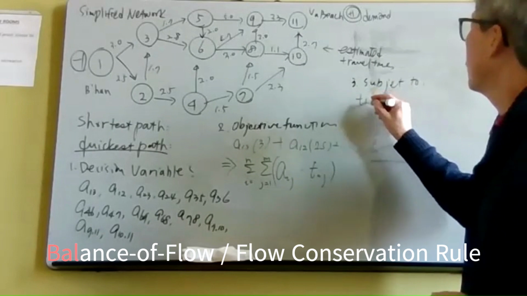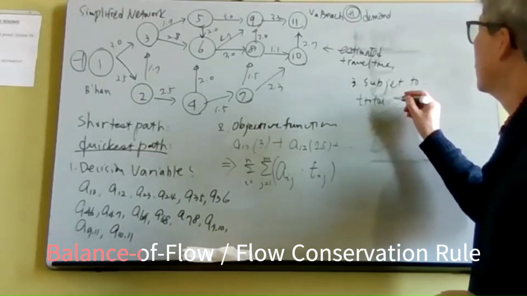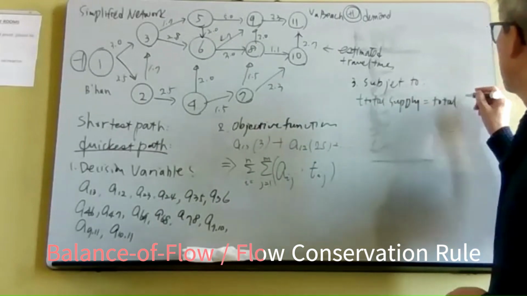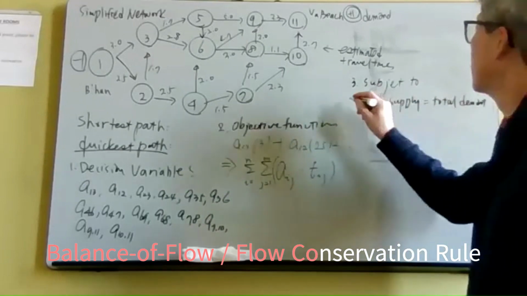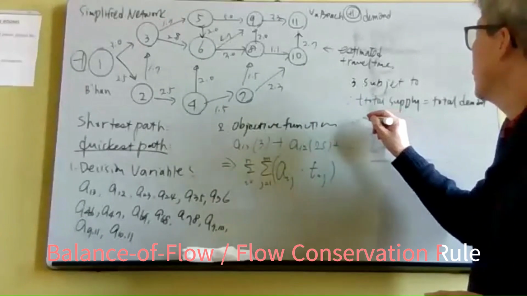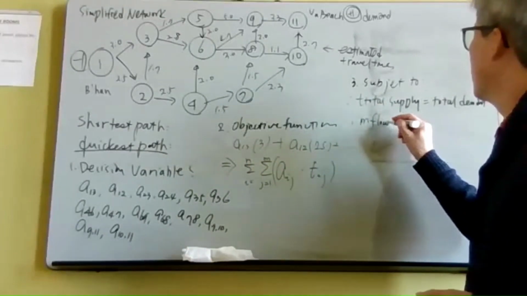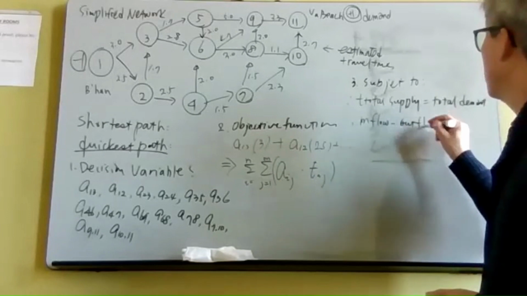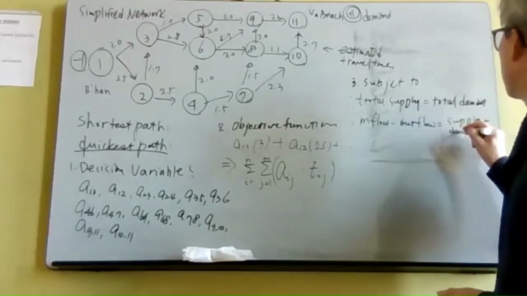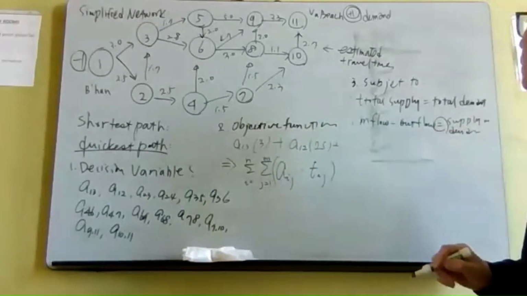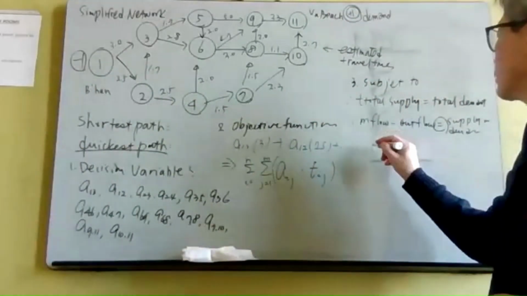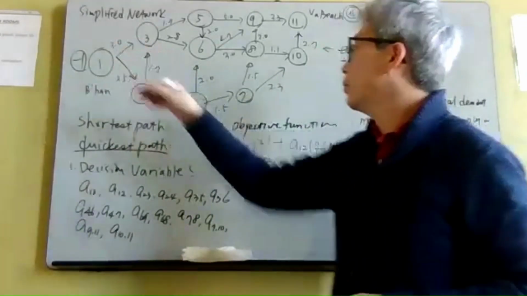Total supply equal to total demand. We use the balance of flow rule: inflow minus outflow equals the supply or demand. So let's start from node 1. There is no inflow, so it's a minus, and there are two outflows.